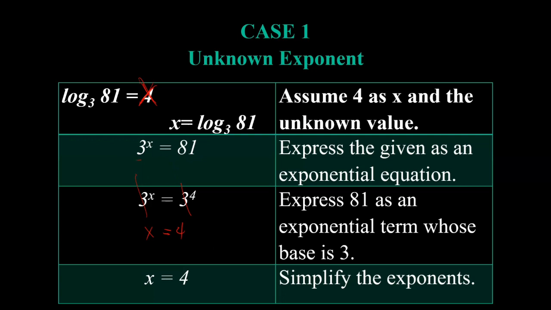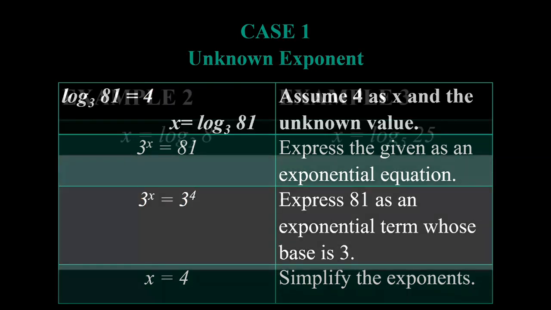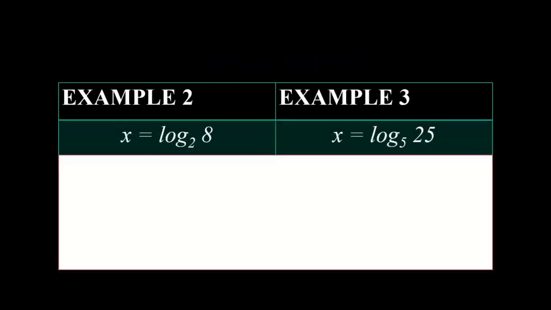If there is a need to simplify the value, you need to simplify it. Okay? So now let's have another example with the unknown exponent. We have two examples. The first example is x is equal to logarithm of 8 base 2.